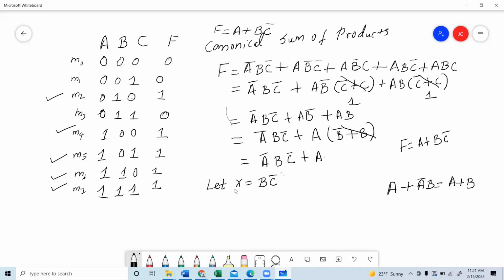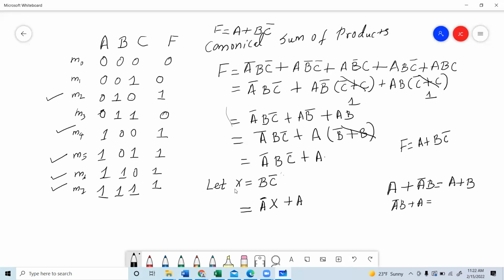So I'm replacing it by a single variable, BC bar is equal to X. So which means that it is going to be A bar, right? And BC bar is nothing but X and plus A, which is nothing but A bar X plus A. So this is of this form, right? So here it is, or you can write A bar B plus A.